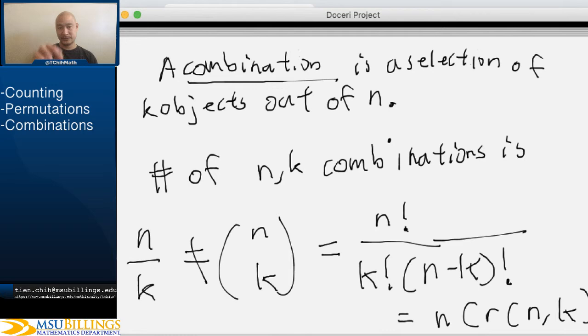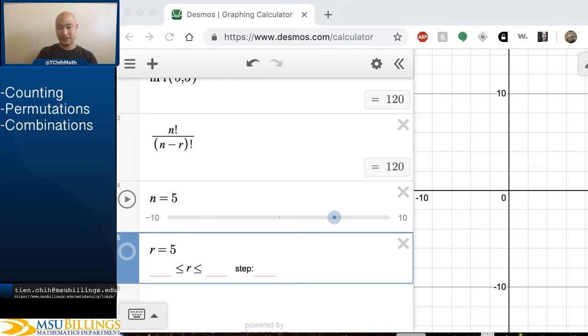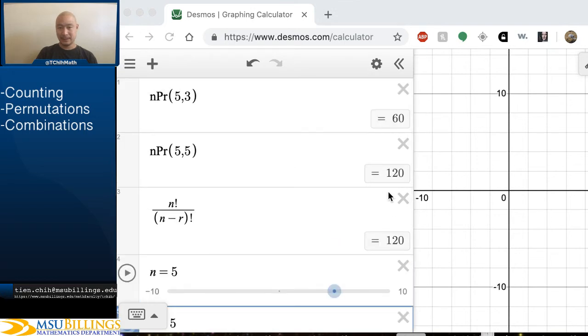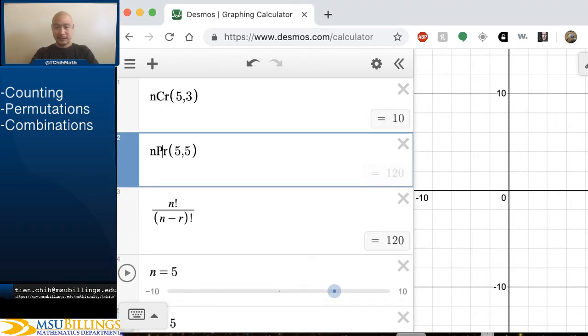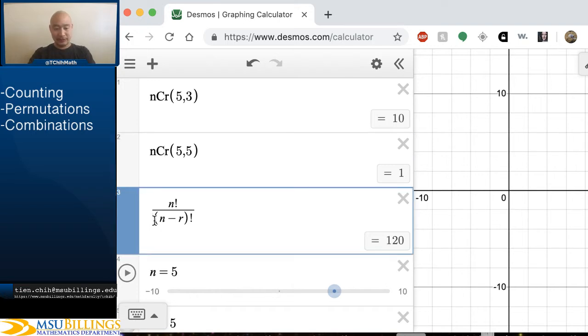And again, to illustrate how you could do this in Desmos, if instead of nPr I had nCr, and instead of n minus r factorial, I had r factorial.